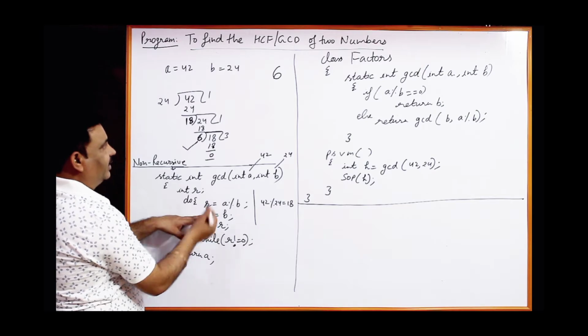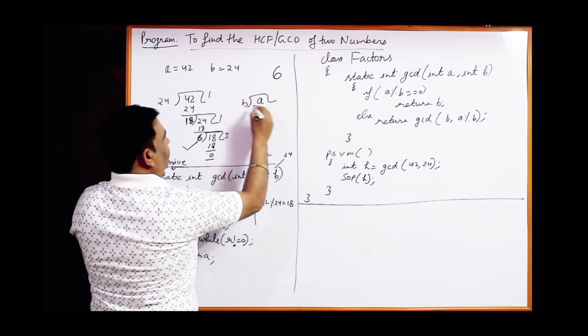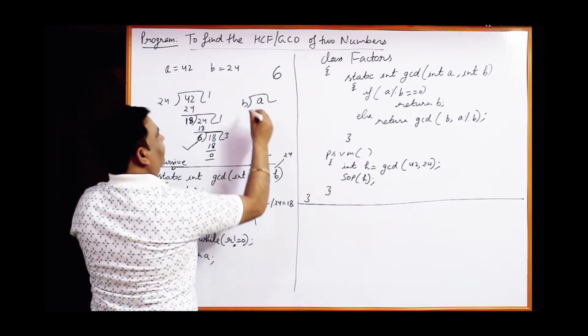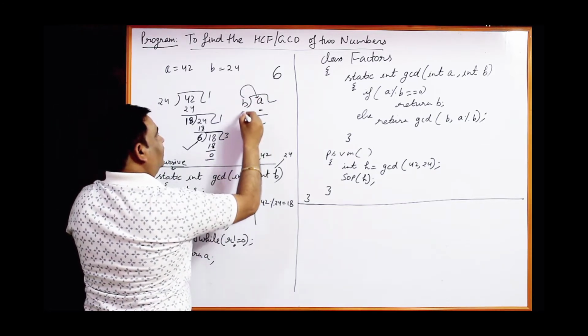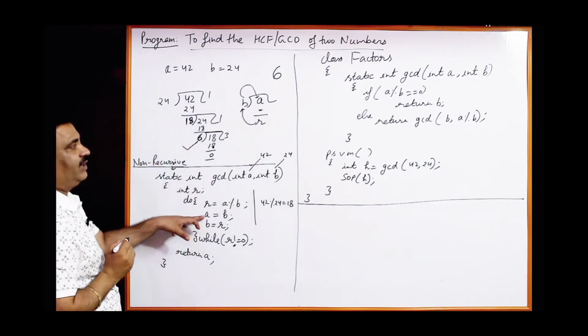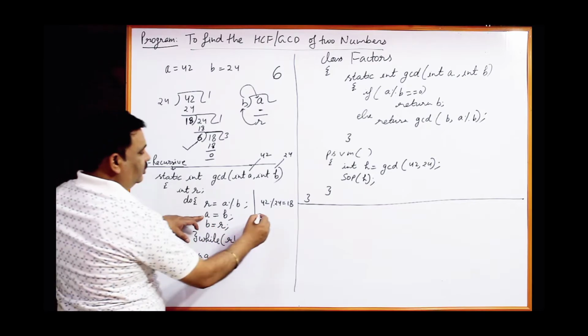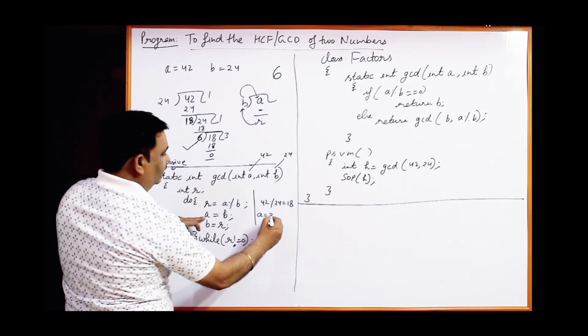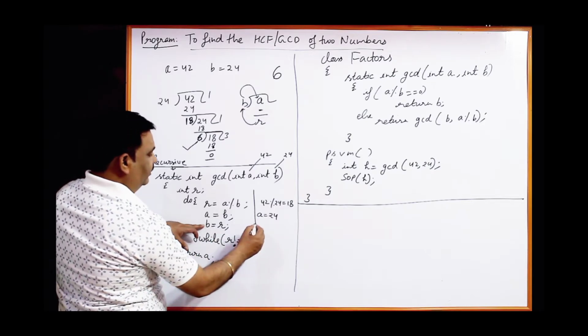B will be transferred to A. When we divide we get a remainder, so we have to bring B inside and take the remainder in place of B. Same thing I am going to do, transferring the value of B into A. So A will become 24 and B will become R, which is 18.